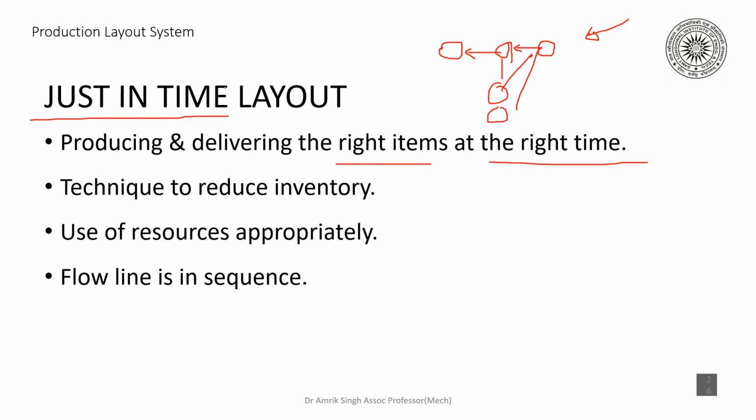So the order is just in time, preparation is just in time, assembly is just in time, delivery is just in time. It is a technique to reduce the inventory, and use the resources appropriately. Okay, and the flow line is in sequence, so it goes according to the flow.